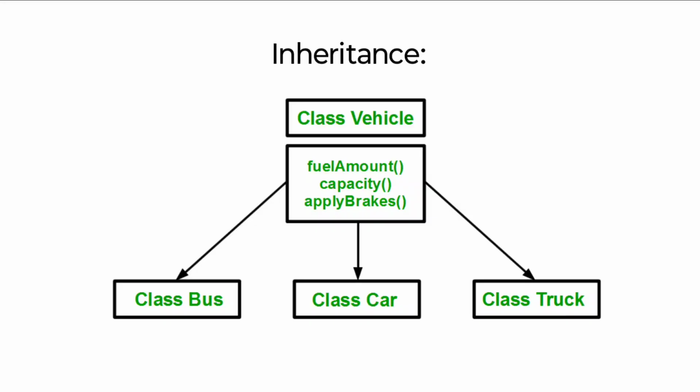The behavior in class Vehicle, fuel, amount, capacity, and apply brakes, is the same for class Bus, class Car, and class Truck. So we are using the reusability concept in class Bus, class Car, and class Truck through the base class, class Vehicle. Class Bus, class Car, and class Truck are derived classes and class Vehicle is the base class.